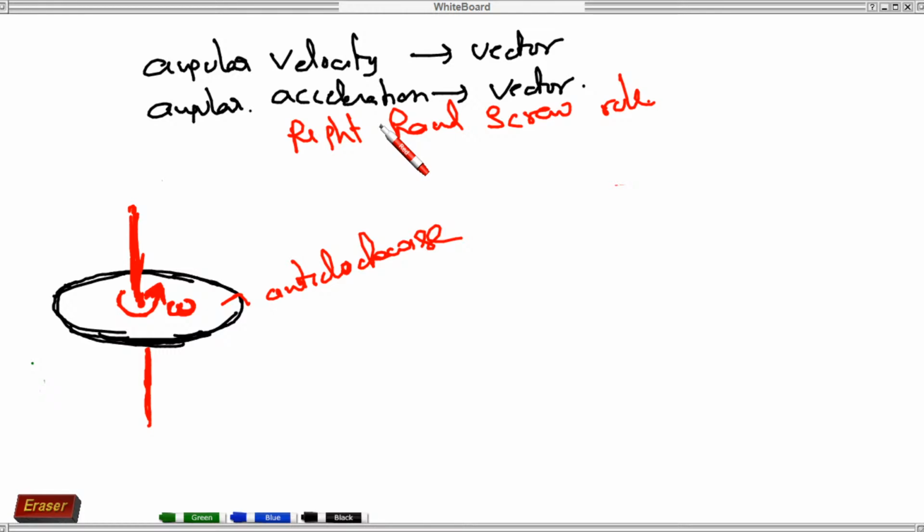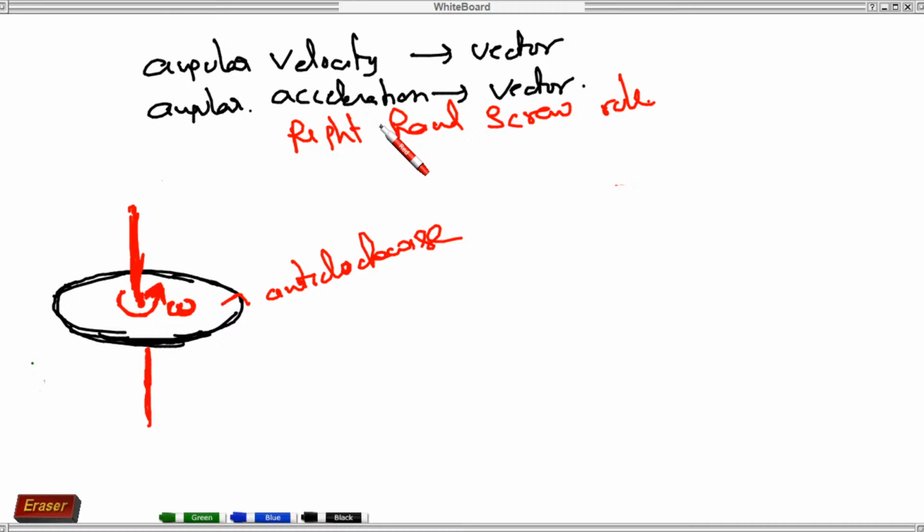It's difficult to explain without a demonstration, but take your right hand and put it at the center of the ring or disc, and rotate your fingers in the direction of angular velocity, meaning anti-clockwise.